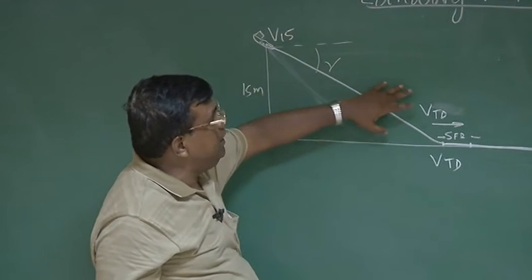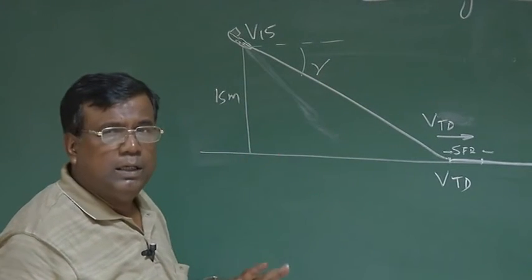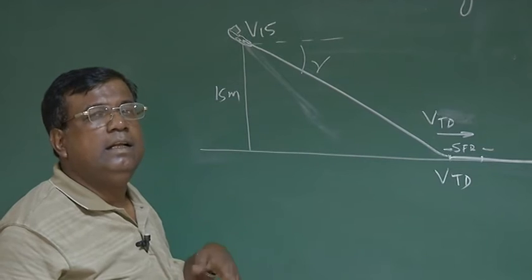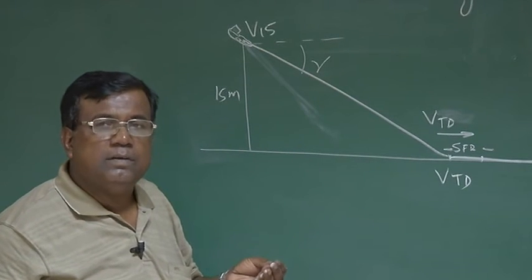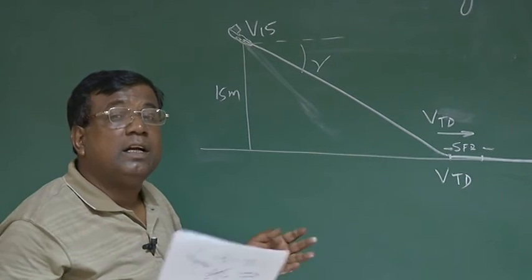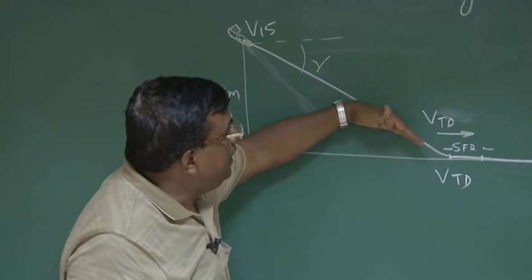This phase is basically the gliding phase. You will be putting the thrust to bare minimum. Ideally it should be 0, but for safety reasons, he may keep some 10–20% thrust.